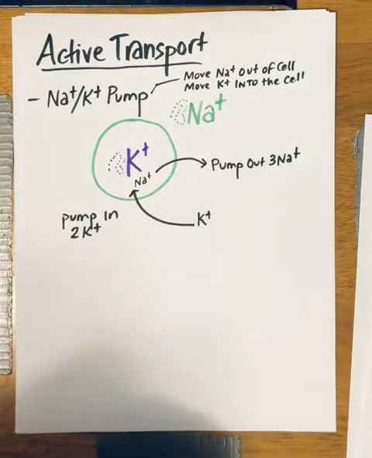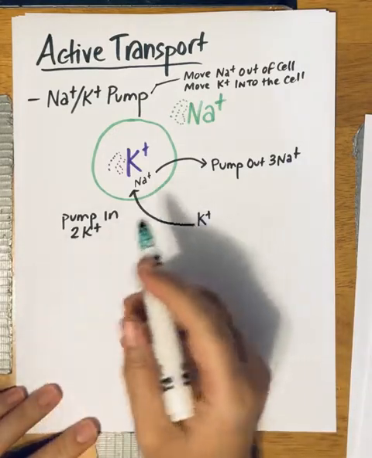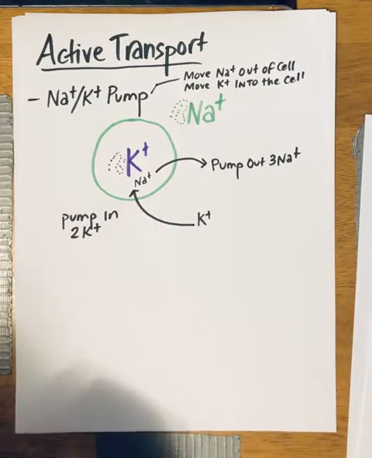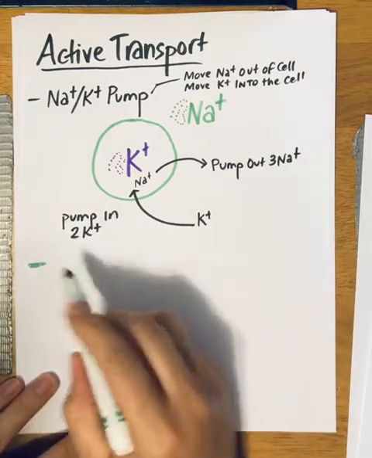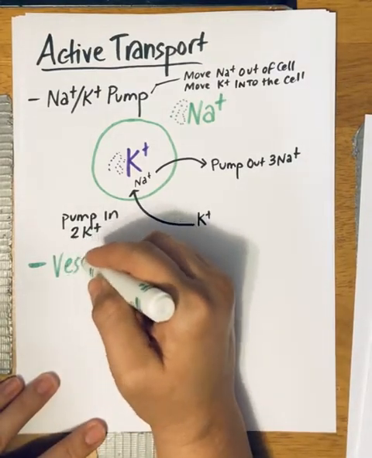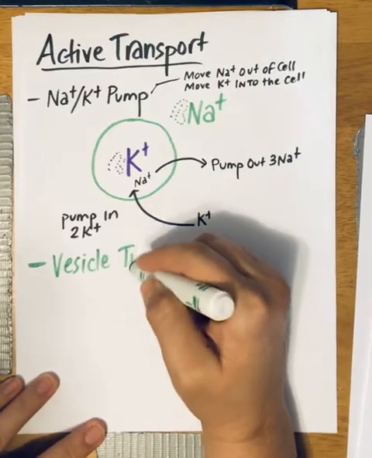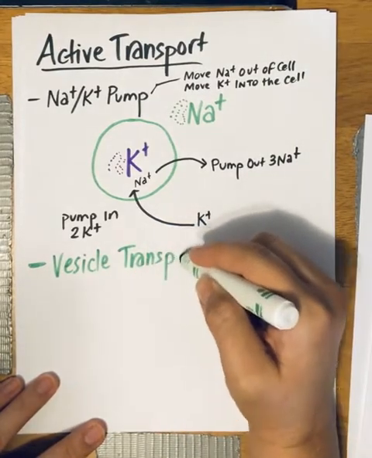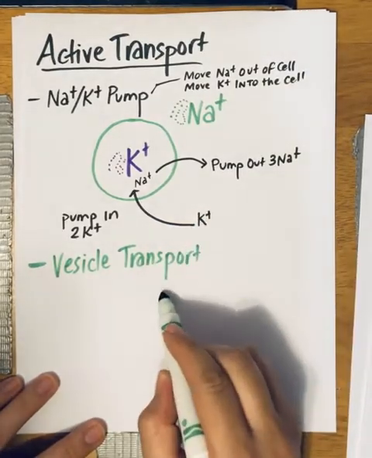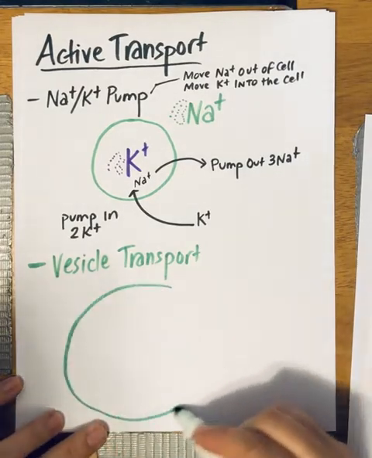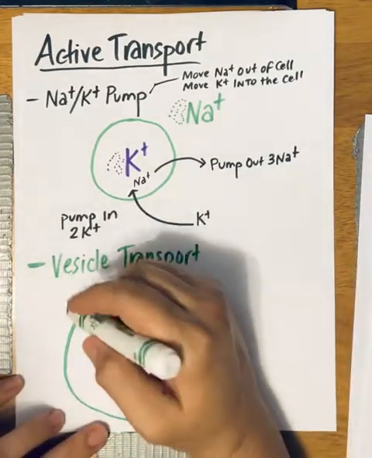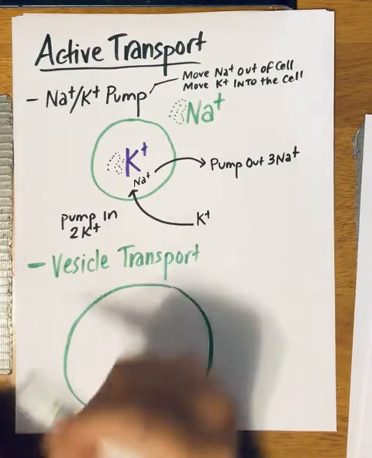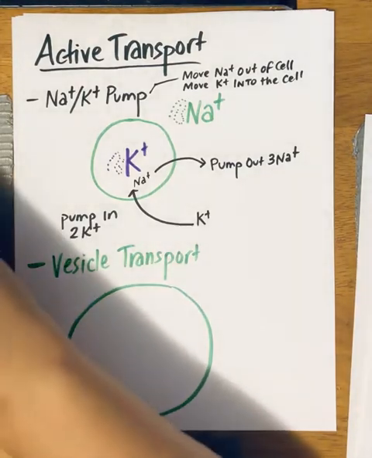All right, now the next thing is vesicles. Vesicle transport. Vesicles are little tiny sacs that carry substances inside of the cell. So if we were looking at the cell in the lab, there's literally like these little sacs.